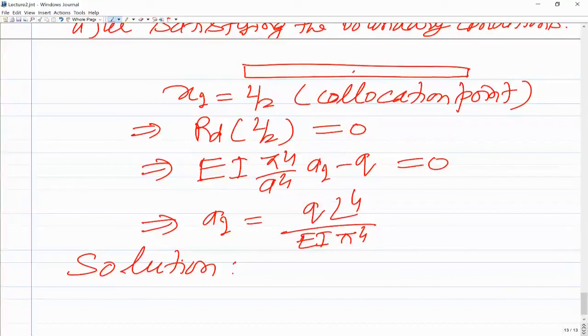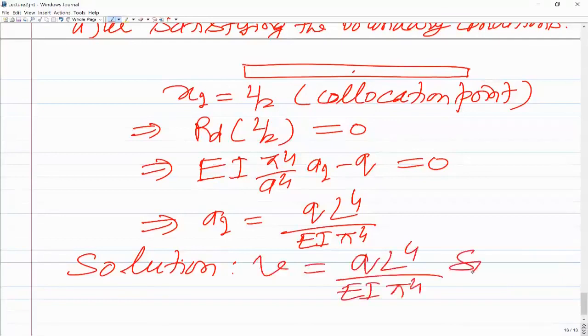By taking more and more terms, you can get the solution of desired accuracy. So finally, solution v will be equal to q L power 4 upon EI pi power 4 into sine of pi x by L.